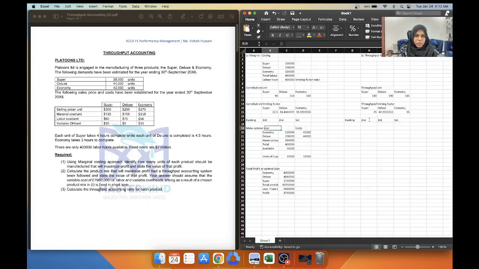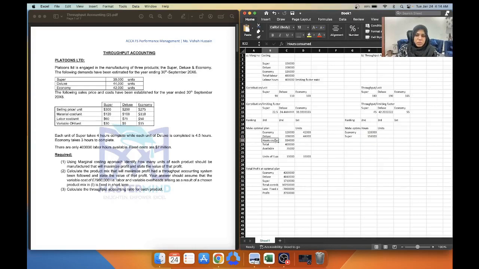Now make the optimal plan. So economy, super, and then deluxe. So let's keep deluxe for later. Economy took the same amount of hours, 126,000. Super is going to take 39,000 into 4 hours.